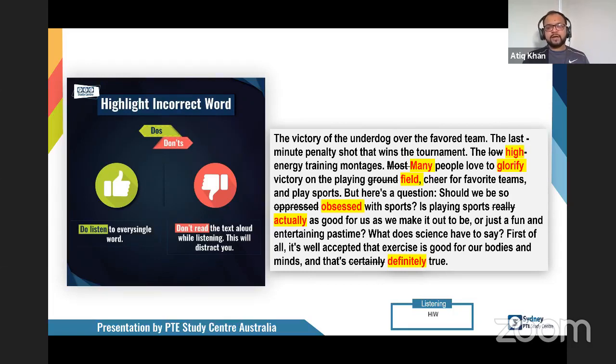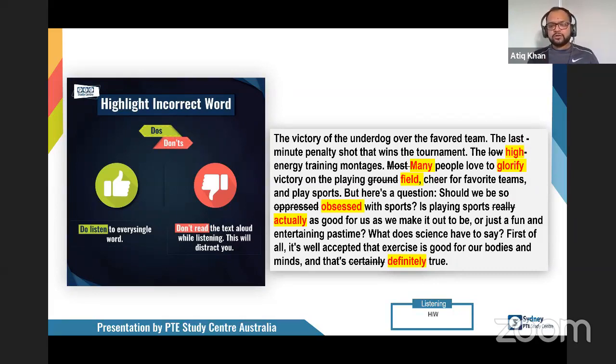So I have crossed off the words that were incorrect, and the words were said. These were the words. Okay, so hopefully you've tick marked on your mobile or on your laptop. So these were the answers. So guys, the bottom line is this: just make sure that you are doing the reading, matching the words with the recording. However, at the same time, do not read aloud. That's the advice for highlight incorrect word.